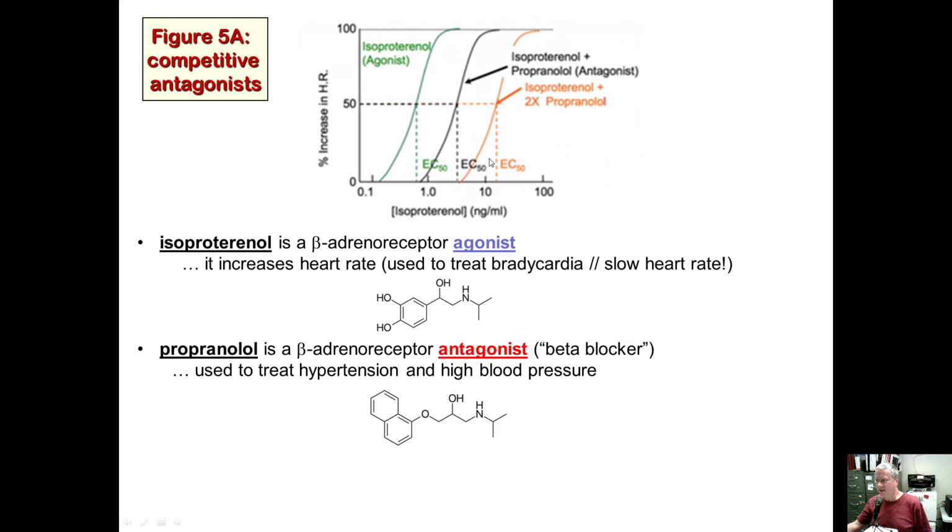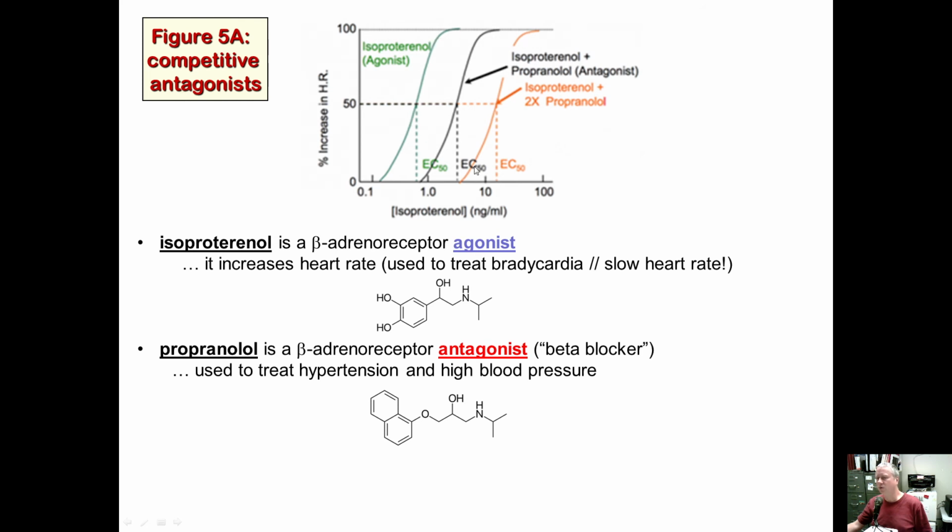And if you do the same experiment, but you add 2 times the amount of the antagonist, propranolol, then the EC50 is even higher. But nevertheless, with a competitive antagonist like this, you still max out at 100% increase in heart rate.